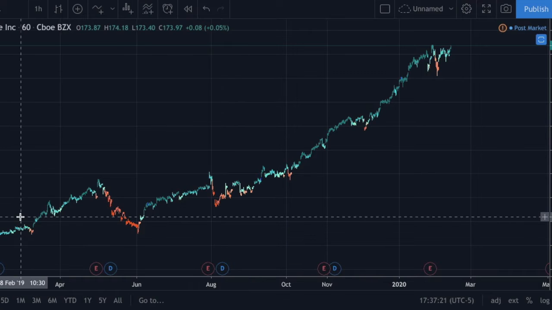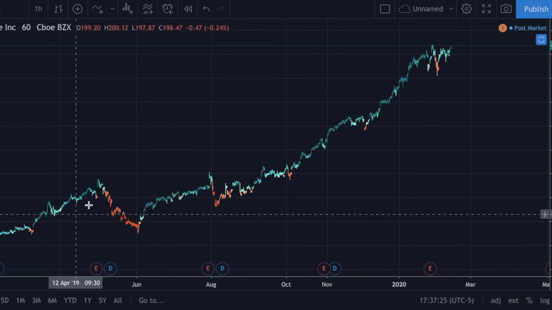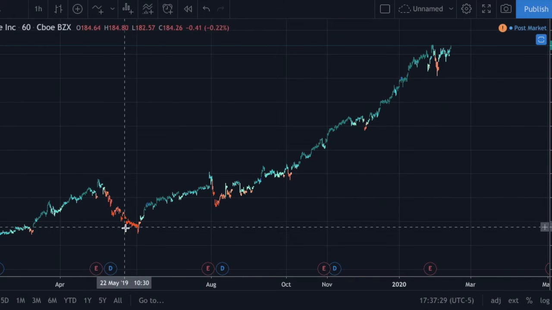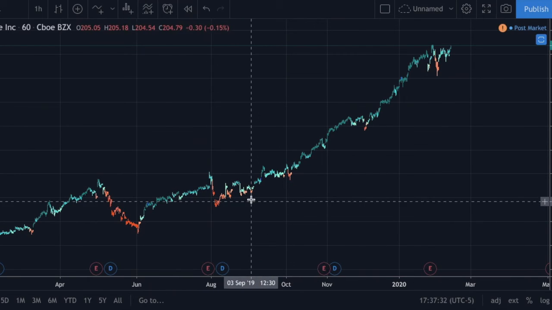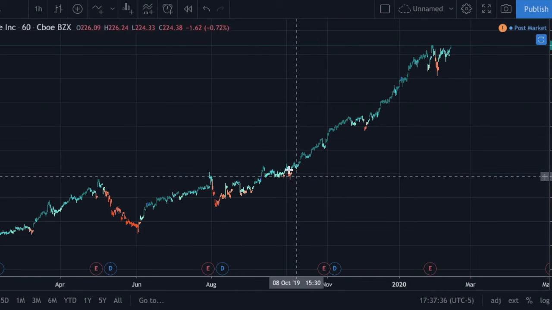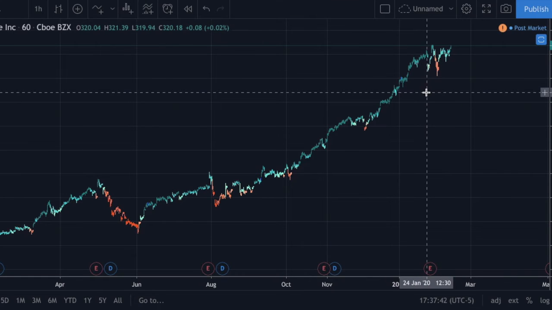There have been minor losses. Take, for example, over here, you might have lost a tiny bit. Over here, you might have lost a little bit. Over here you might have lost a little bit. Over here you might have broke even. But overall, there are more winners than losses.